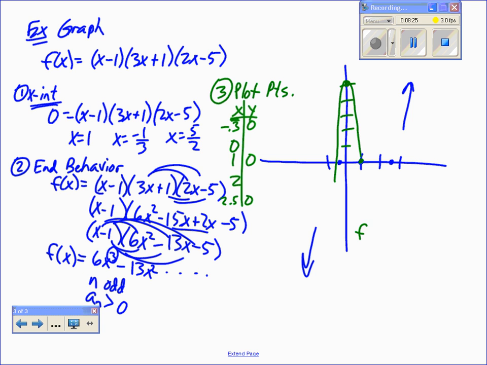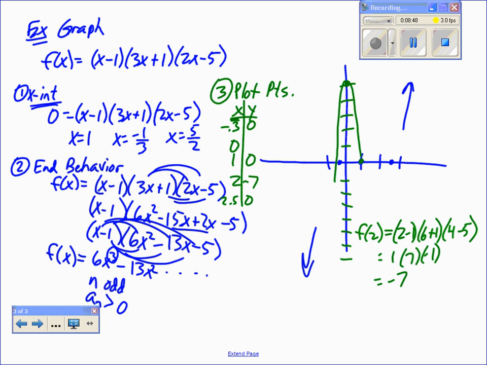So f of 2, 2 minus 1, 3 times 2 is 6, plus 1, and then 2 times 2 is 4, minus 5. Negative 7.